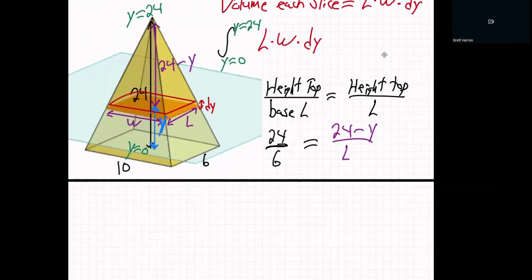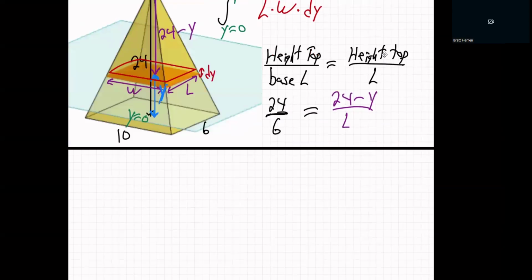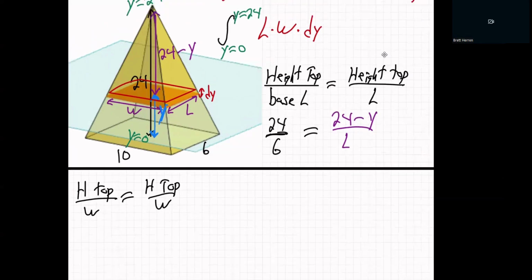And then we're going to have to cross multiply. But first, let me set up the other one. Likewise, we'll do height of the top over width is height of the top over width. So again, the height above the base, which is 24, over 10, the width, is 24 minus y over w.